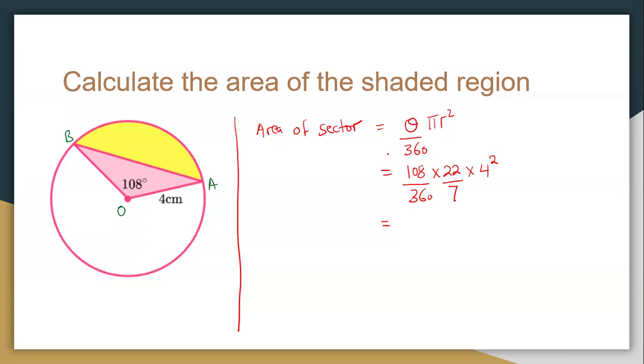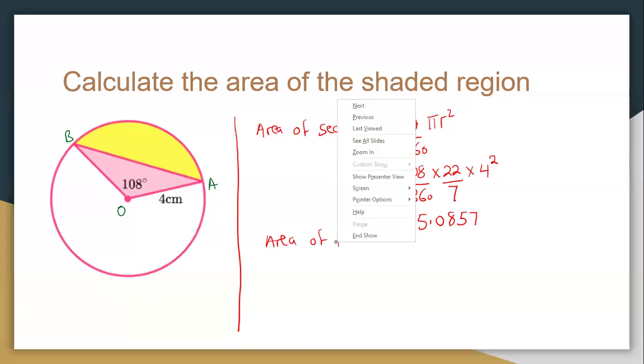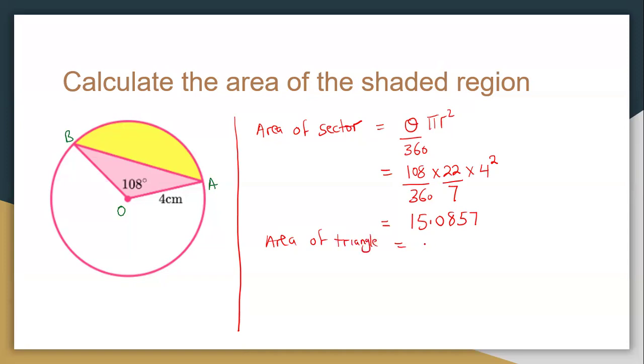Then to get the area of the triangle, it is equal to a half r squared sin theta, whereby I have a half times 4 squared sin theta.